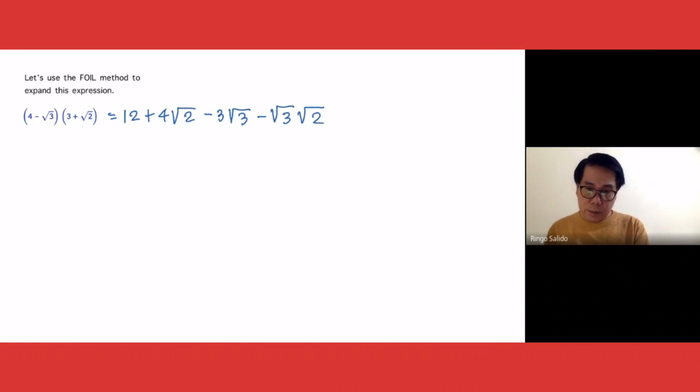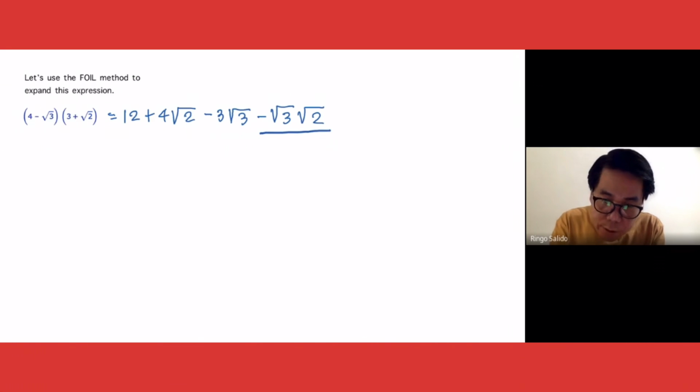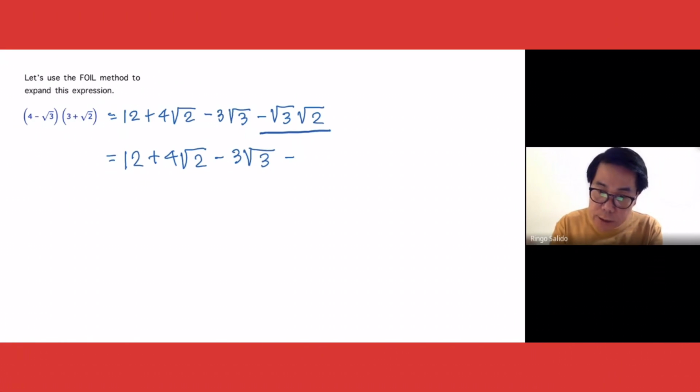Okay, now in this case, we can only perform this one. So we have 12 plus 4 root of 2 minus 3 root of 3 minus root of 6.